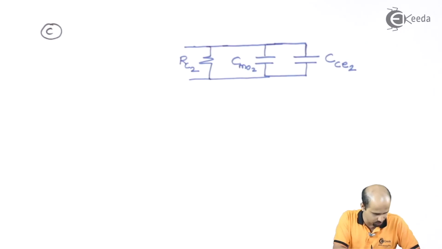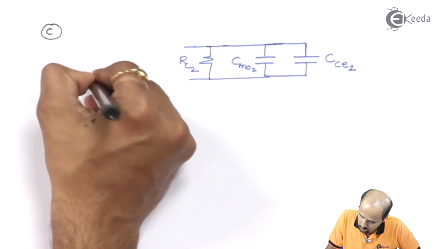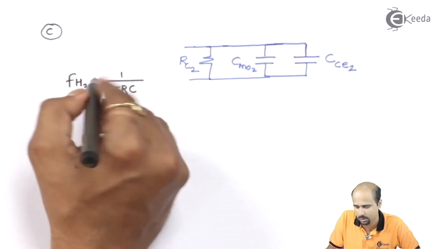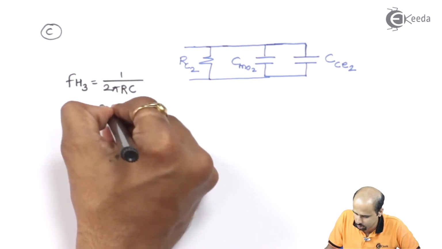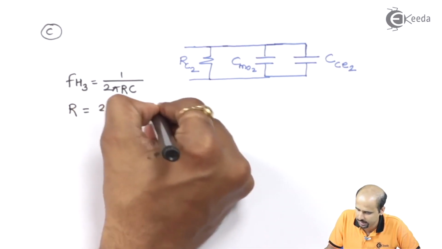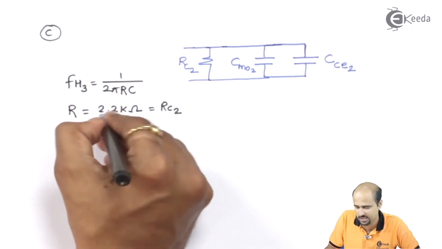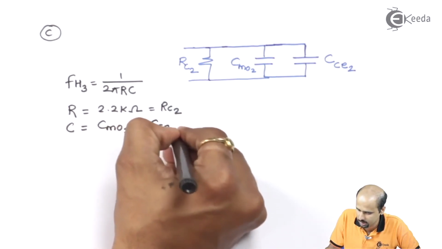So our general formula for this FH3 is nothing but 1 upon 2 pi RC, right? Whereas R is directly known to me. R is nothing but your 2.2 kilo ohm, that is nothing but your RC2. We have to calculate the value of C. C is nothing but CMO2 plus CCE2.